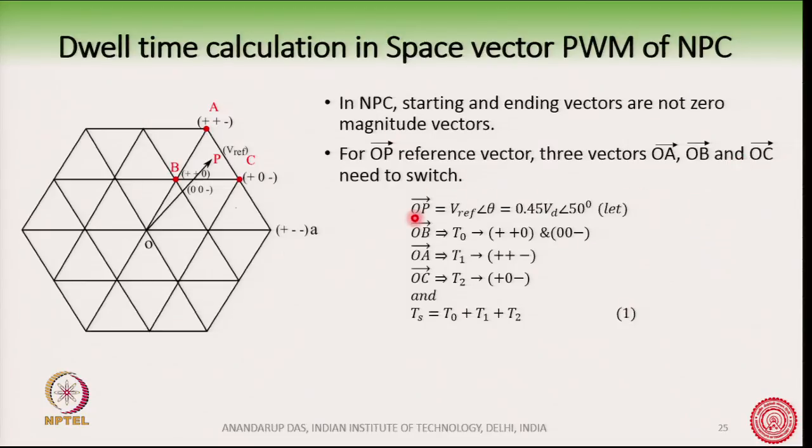Suppose the OP vector is given by Vref angle theta, that is 0.45 Vd at an angle of 50 degrees, just an example. We will switch OB for T0 time, OA for T1 time and OC for T2 time.